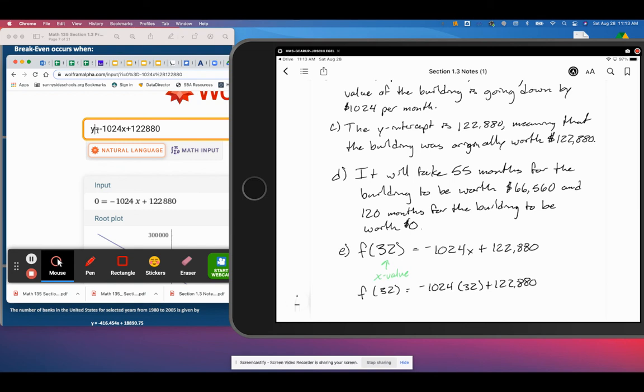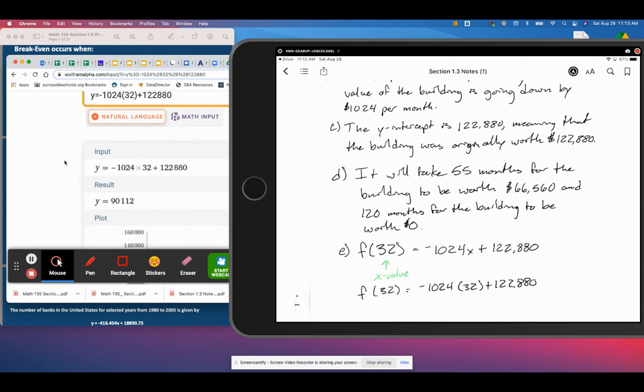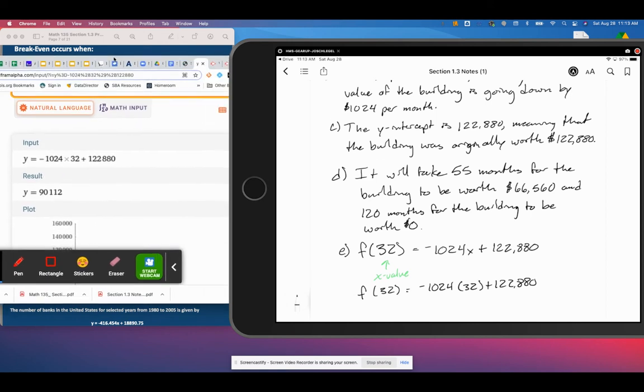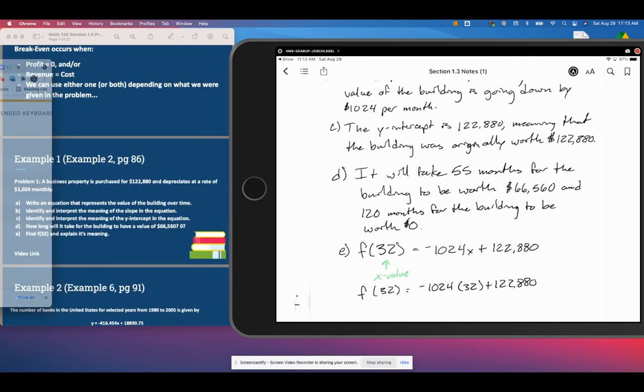And we'll feed that to Wolfram again, putting y right here instead of f of x, because Wolfram will not be happy with us putting f of x in there. So I will swing 32 in for x, and we will get the value 90,112. I'll be back in just a moment with an explanation of what that 90,112 is.